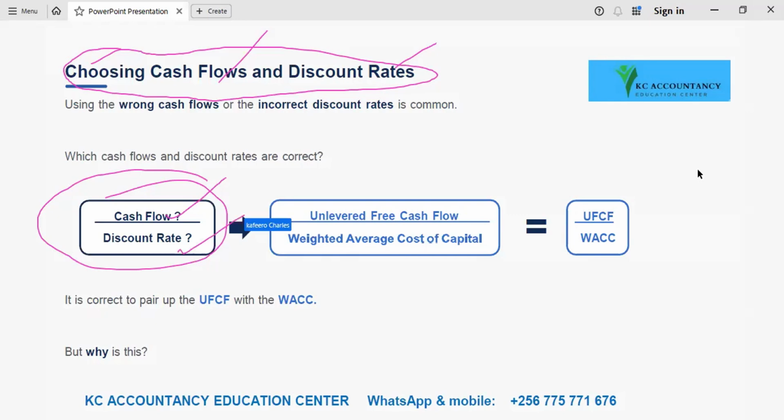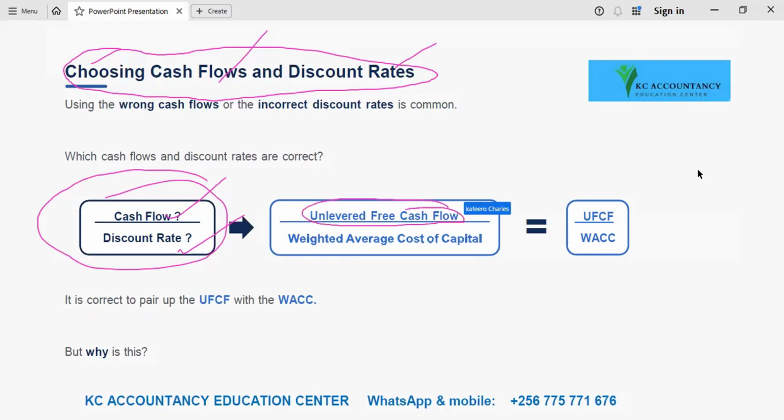Are we going to discount these cash flows using the right values? Well, a person who studied financial management or financial theory might be able to tell us that we should be using the unlevered free cash flows.